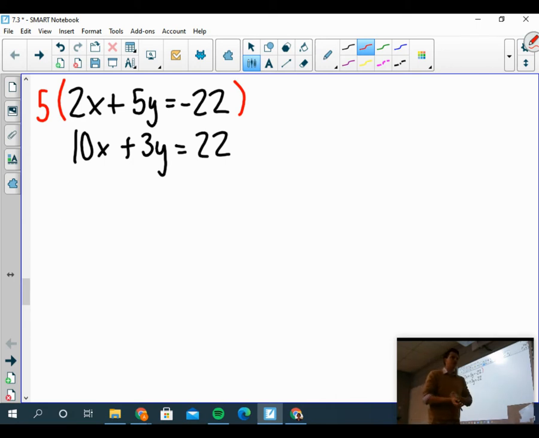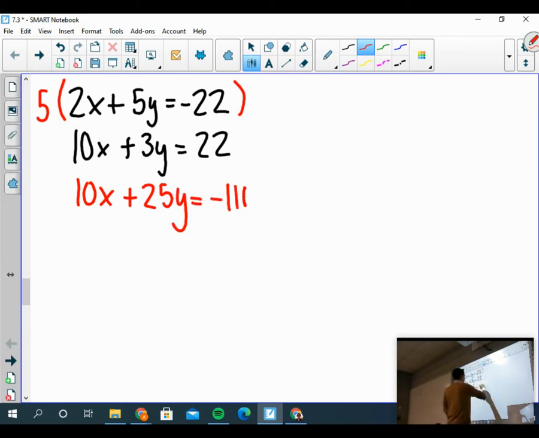The x's are going to have the same coefficient, meaning I can then subtract the x's to eliminate one of them. So I multiply both sides, or all of the first equation, by 5, and I get 10x plus 25y equals negative 110.